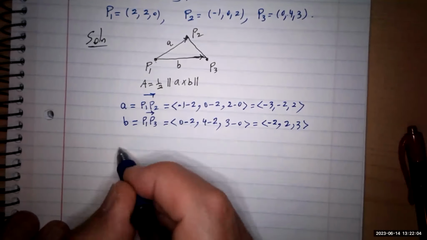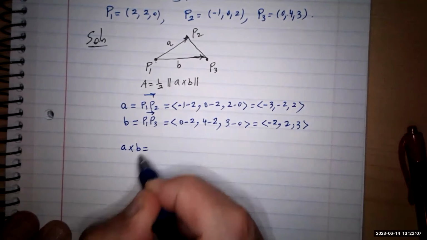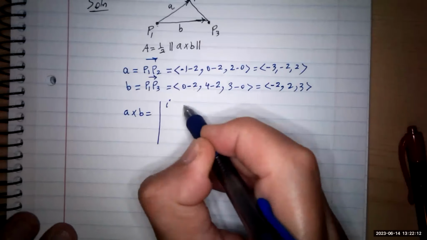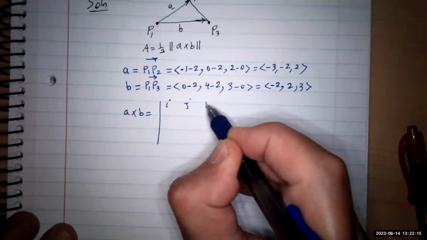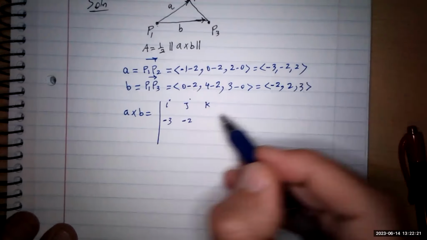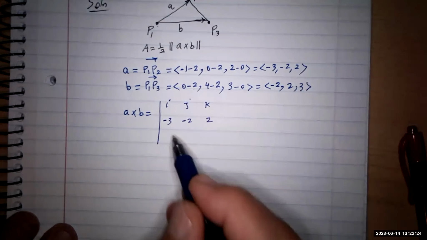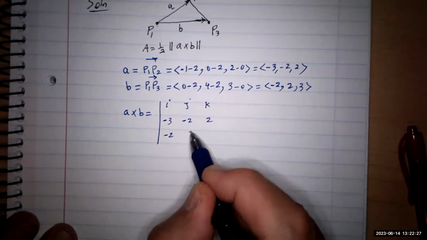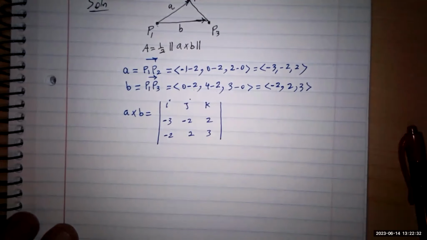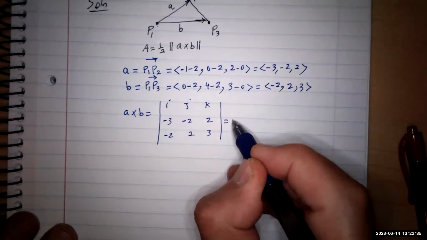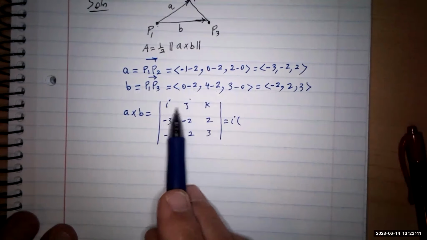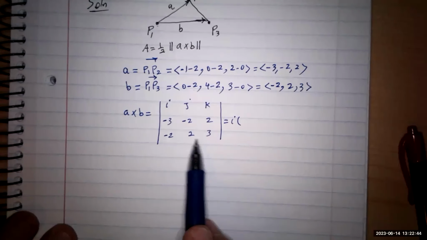A cross B is the determinant of a matrix with rows i, j, k; the first vector -3, -2, 2; the second one -2, 2, 3. The determinant is equal to i times, you eliminate the first row, first column, the matrix -2, 2, 2, 3.